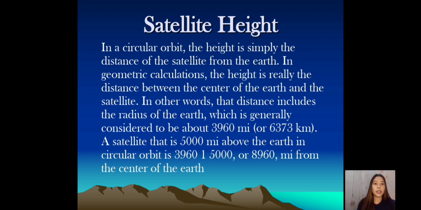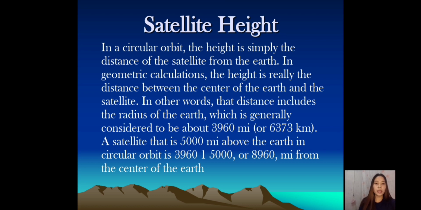Satellite height. In a circular orbit, the height is simply the distance of the satellite from the Earth. In geometric calculation, the height is really the distance between the center of the Earth and the satellite. In other words, that distance includes the radius of the Earth, which is generally considered to be about 3,960 miles or 6,373 kilometers.